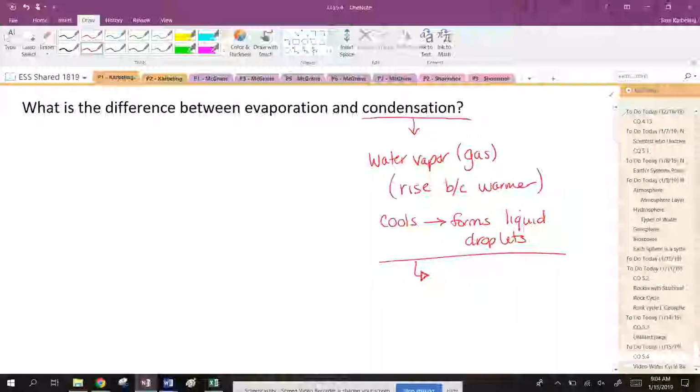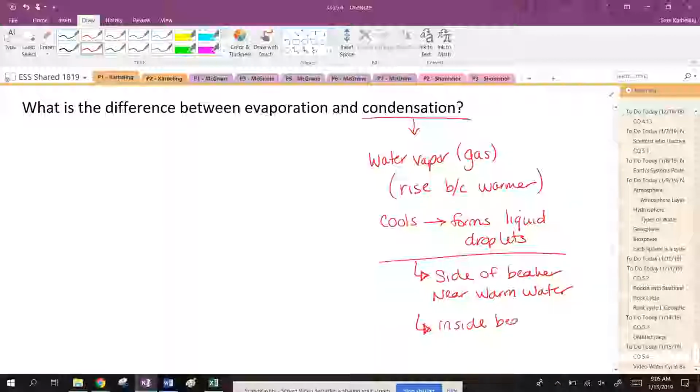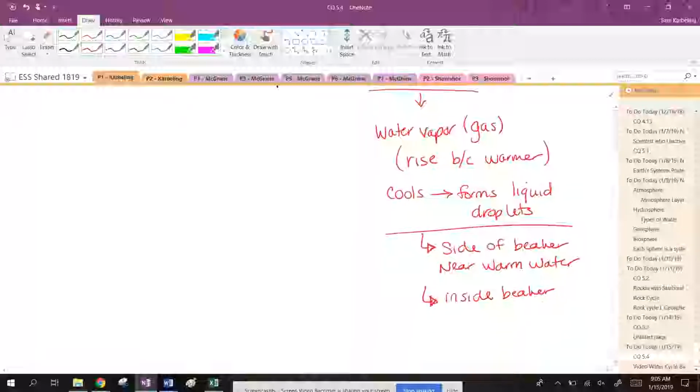We're going to make a little note here. On the side of the beaker, near the warm water, in that experiment that we did yesterday, right? It happened inside the beaker when those water droplets, that water vapor, came into contact with the smoke particles.